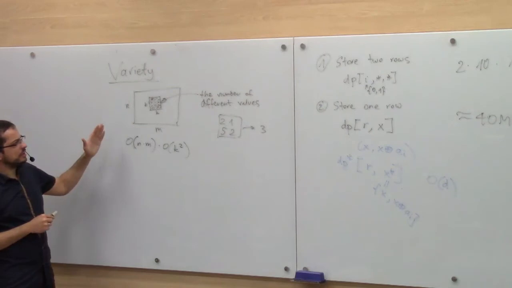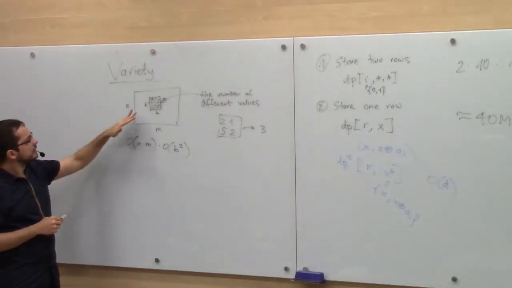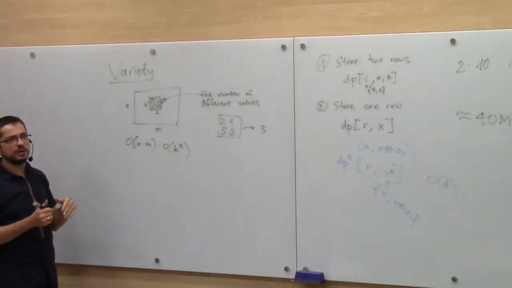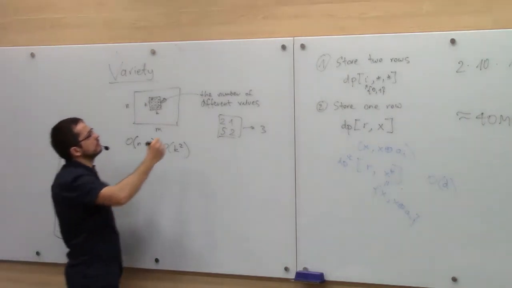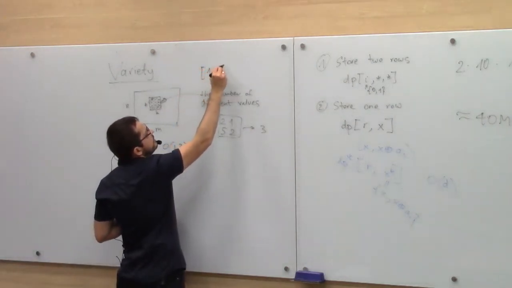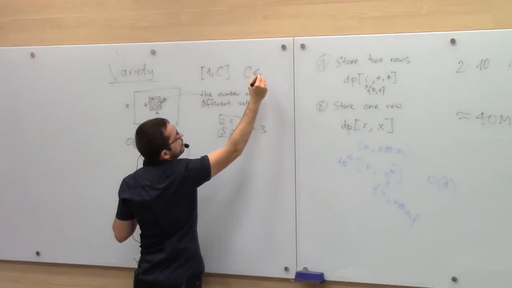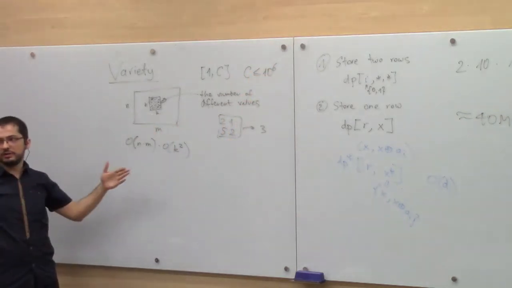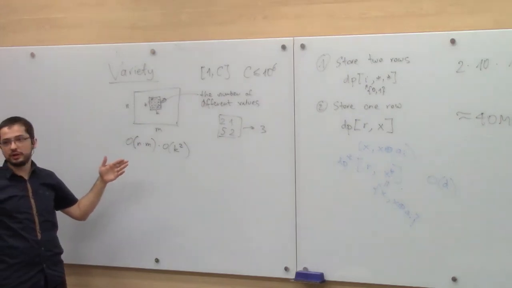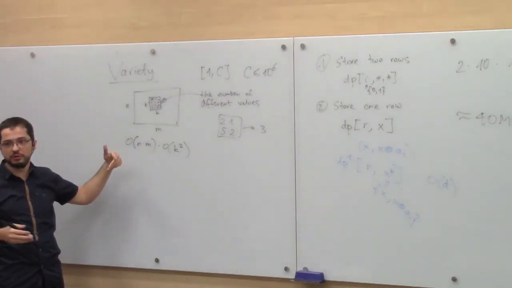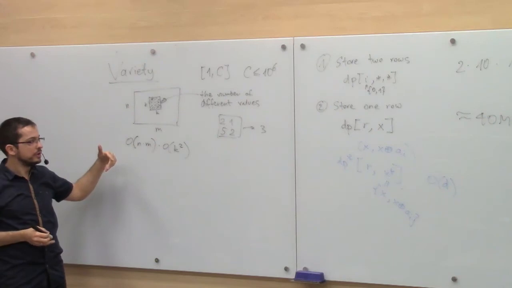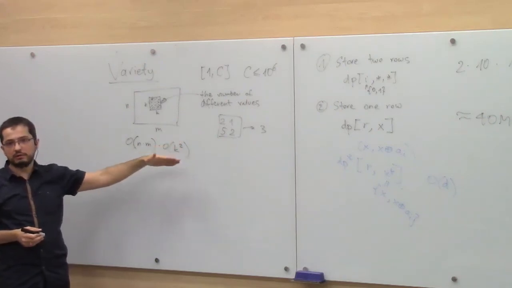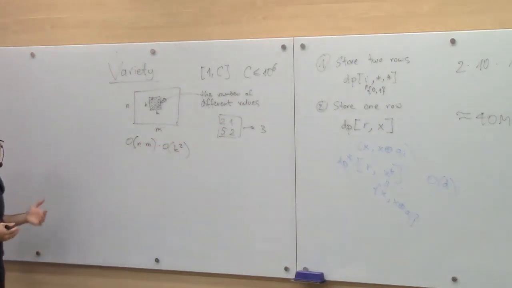And because the numbers are in a range, let's say 1 to c, with c up to, let's say, a million, we can just make an array for storing the counters for every possible value. So we don't need any log factor, as we would if we needed to store a map or something like this.